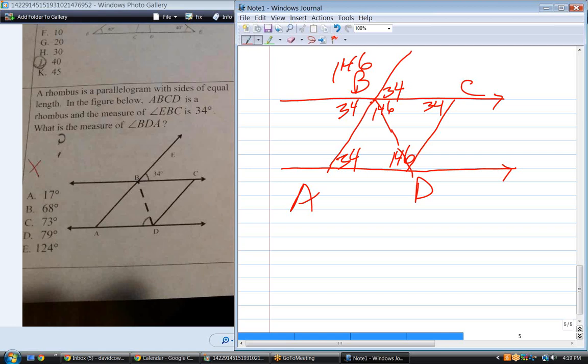Yeah, it does. Now, how do we know that? Think about this for a second. It creates two triangles that each equal 180.